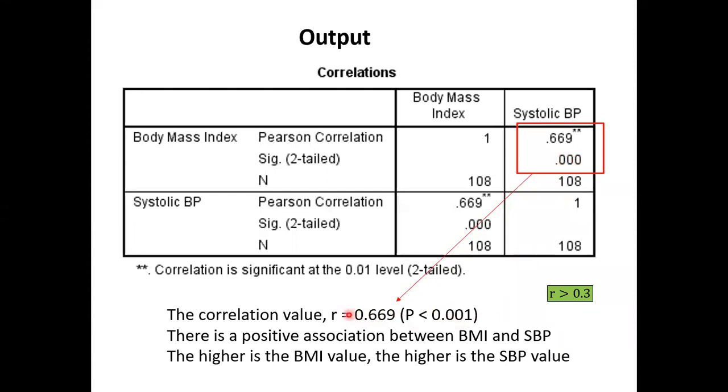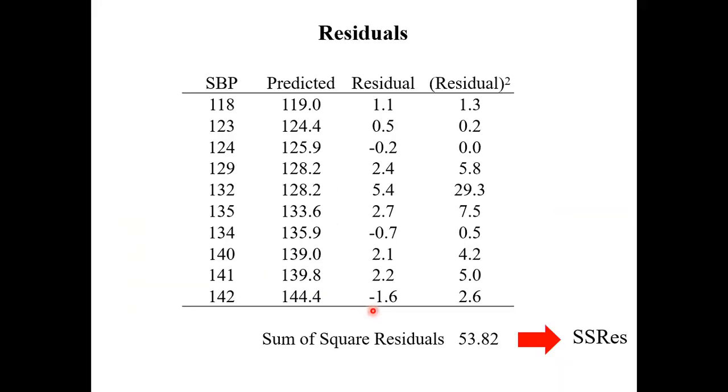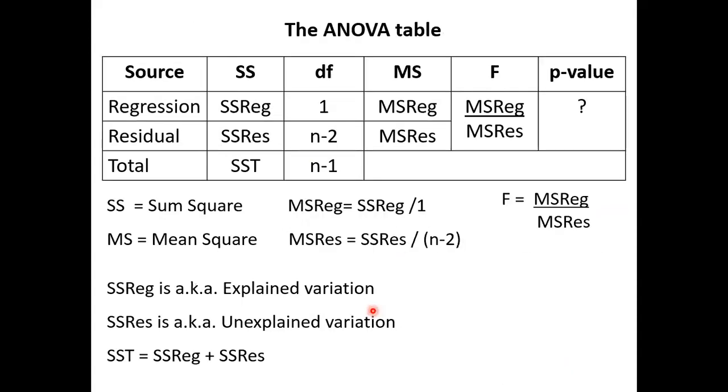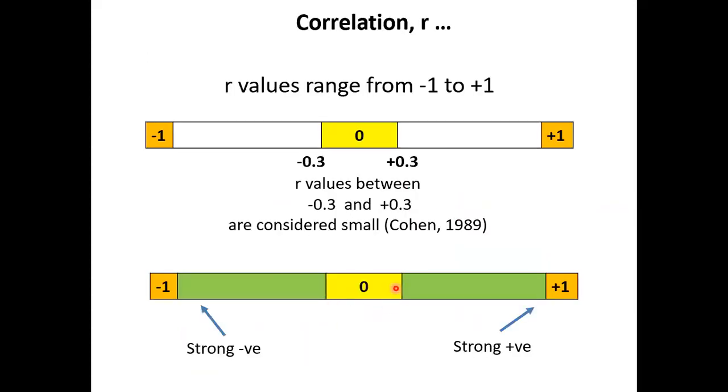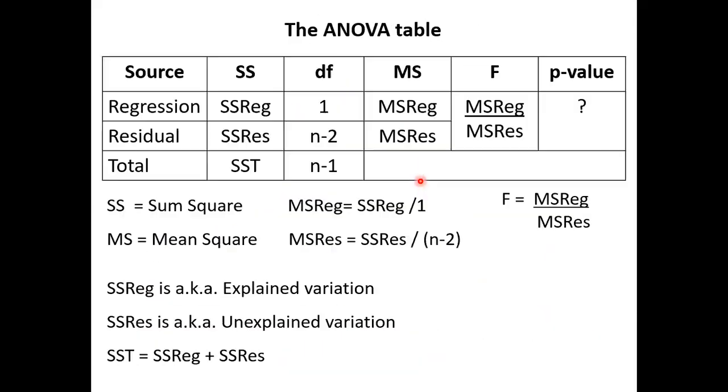So that's the correlation value. Is it more than 0.3? Yes. I told you here 0.3, right? Is it beyond 0.3, somewhere here? Inside here means there's no association. Somewhere here, so you say there is a positive association between the two variables.